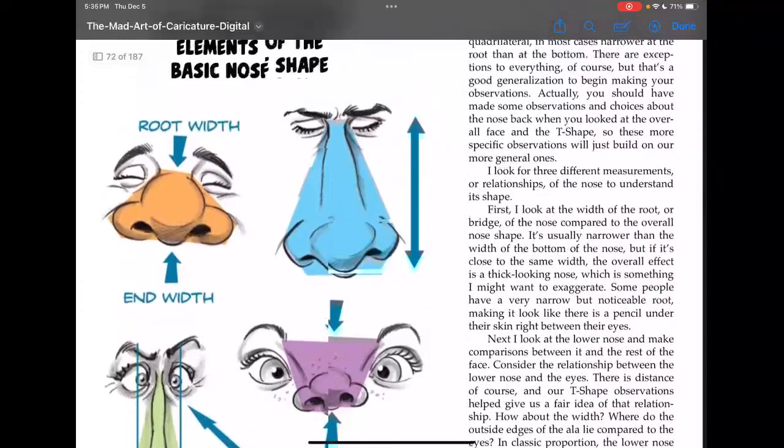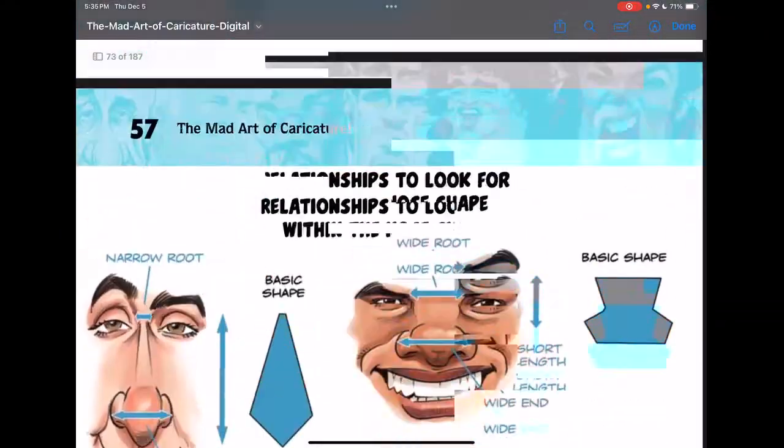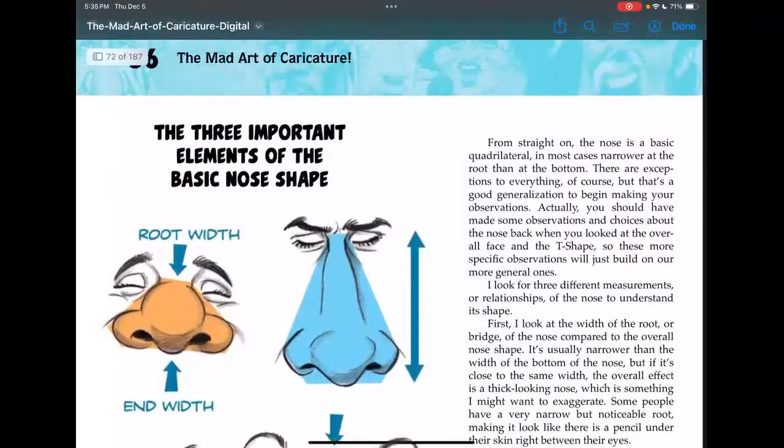Okay. This is the part I want to get to, and then I'm pretty much satisfied. From straight on, the nose is a basic quadrilateral in most cases, at the bottom. There are exceptions to everything, of course, but that's a good generalization to begin making your observations.